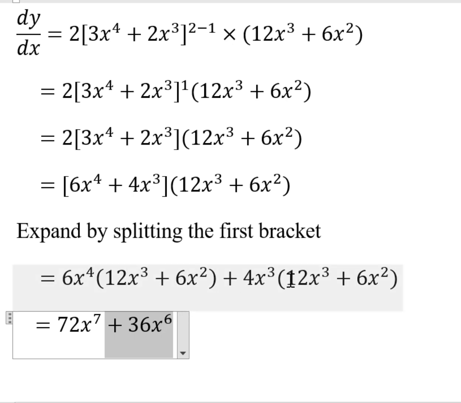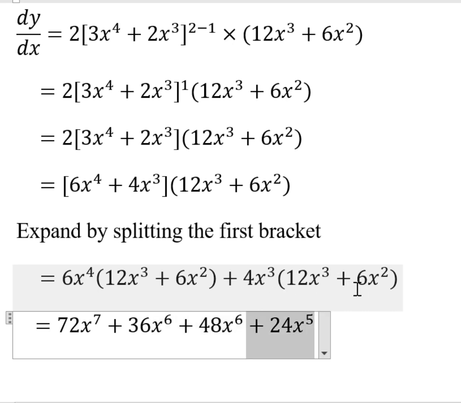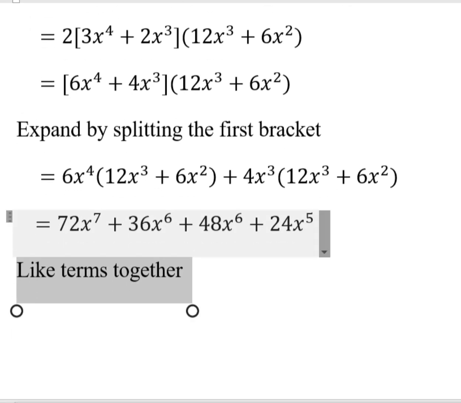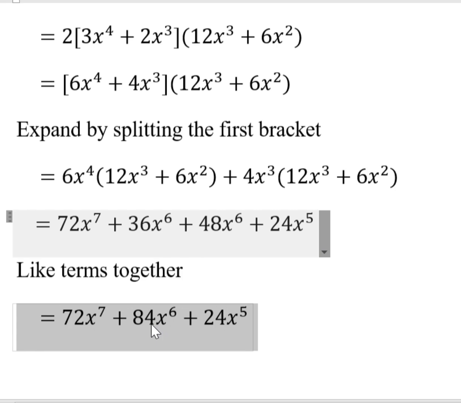Then this times this gives us 48x raised to power 6. And this times this gives us 24x raised to power 5. These ones can be simplified, they are like terms, so we shall have it being equal to 72 plus this gives us 84x raised to power 6, and then plus 24.